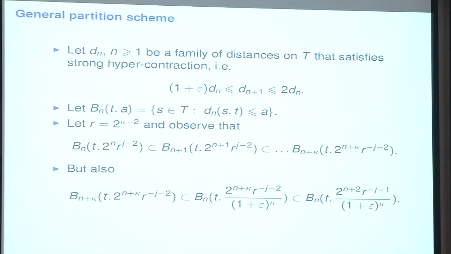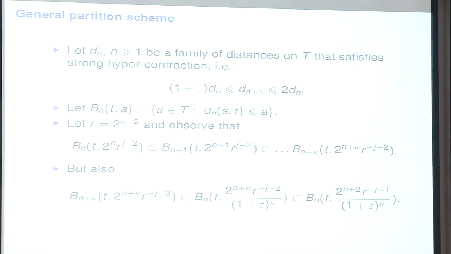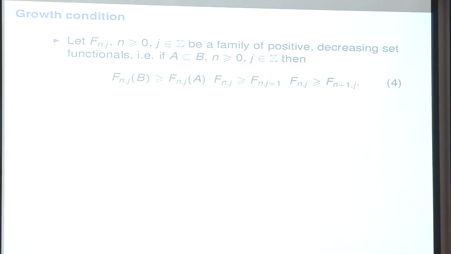But also we have j plus epsilon to the power kappa, and this can be pretty large, and we want this quantity to be as large as we want. This is the core of the proof of a lower bound in the general case of canonical processes. Okay, so now we move towards families of functionals.